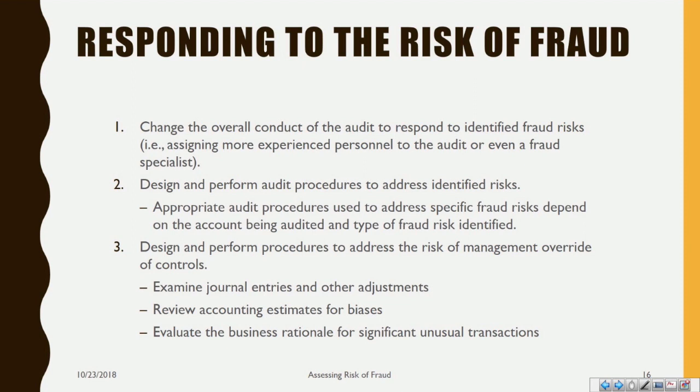So when you understand the client's business, their entity, you know how they generate revenue. You know their normal business transactions that they engage in. So now you want to focus: are there any transactions that don't seem to make sense?